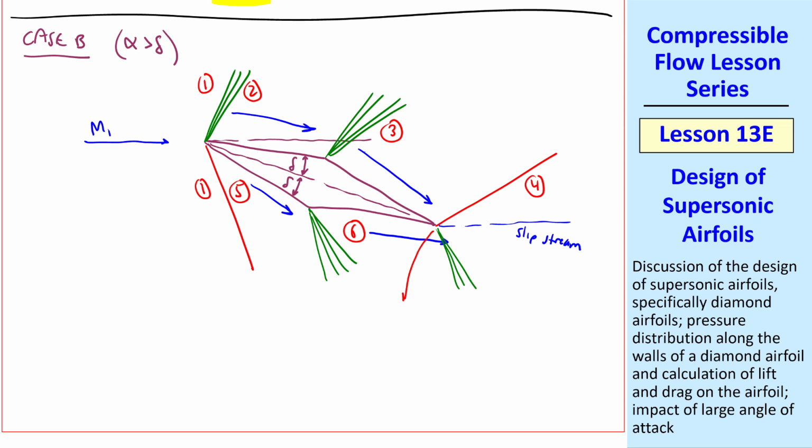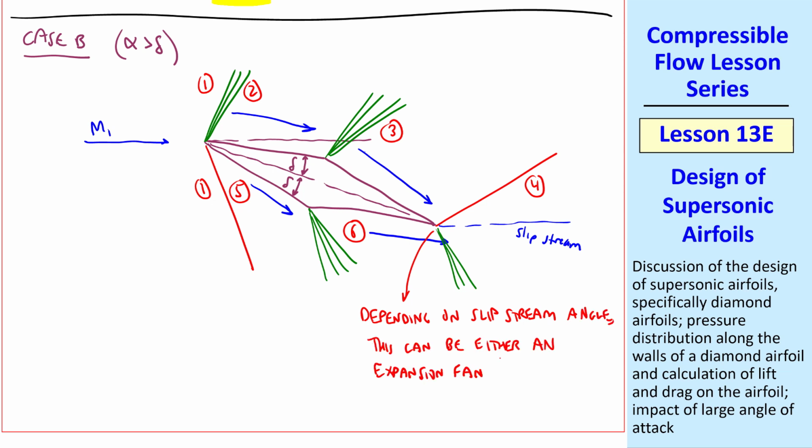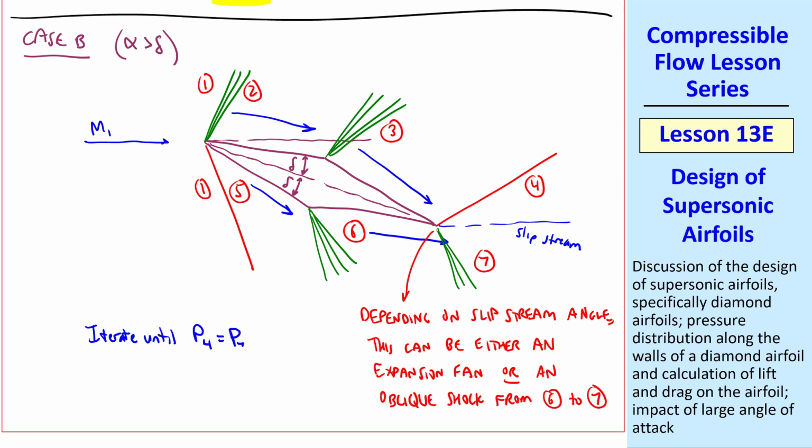But I comment here that depending on the slipstream angle, this can be either an expansion fan or an oblique shock from 6 to 7. Again, you would have to iterate until P4 is equal to P7, even though V4 and V7 would not be the same. This iteration is a little more difficult.